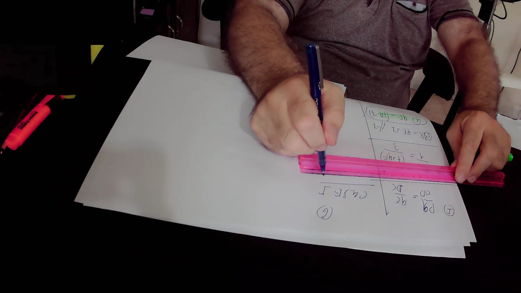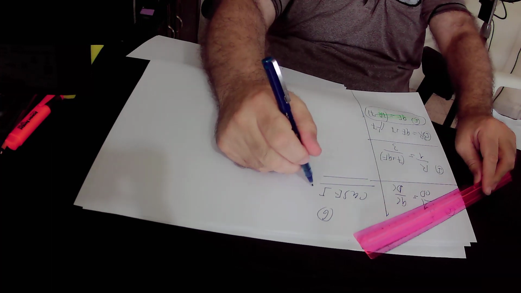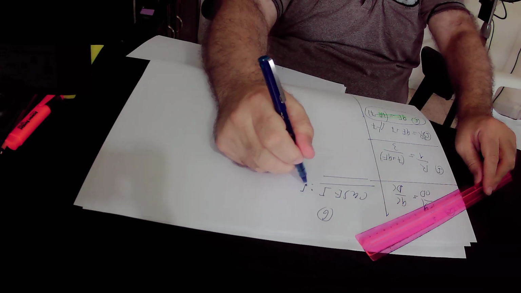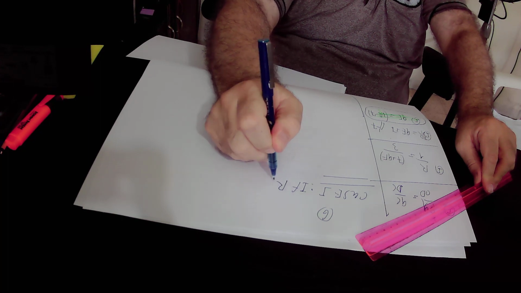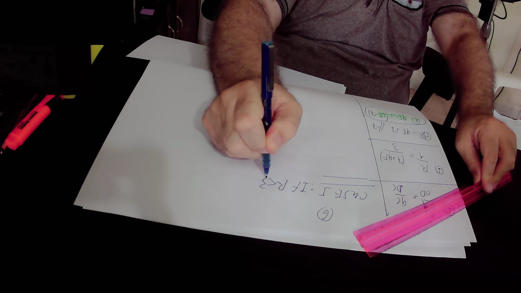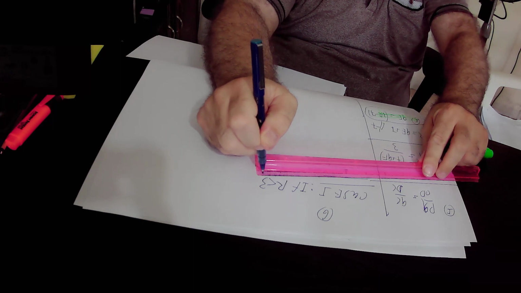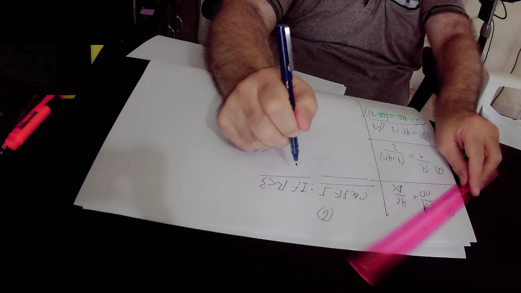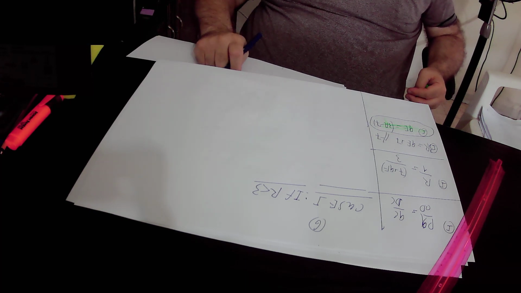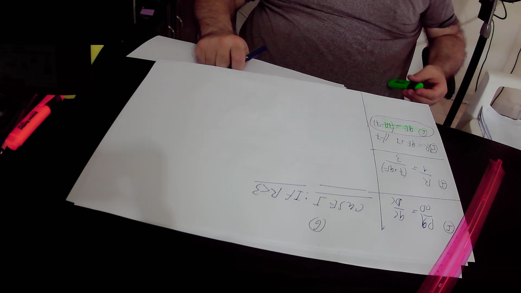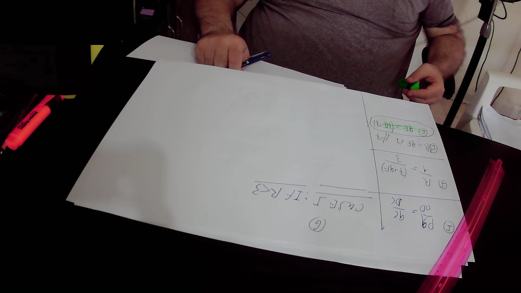What happens if the radius of the big circle is less than 3 units? If the radius of the big circle is less than 3 units, then it could be equal either to 2 or 1.